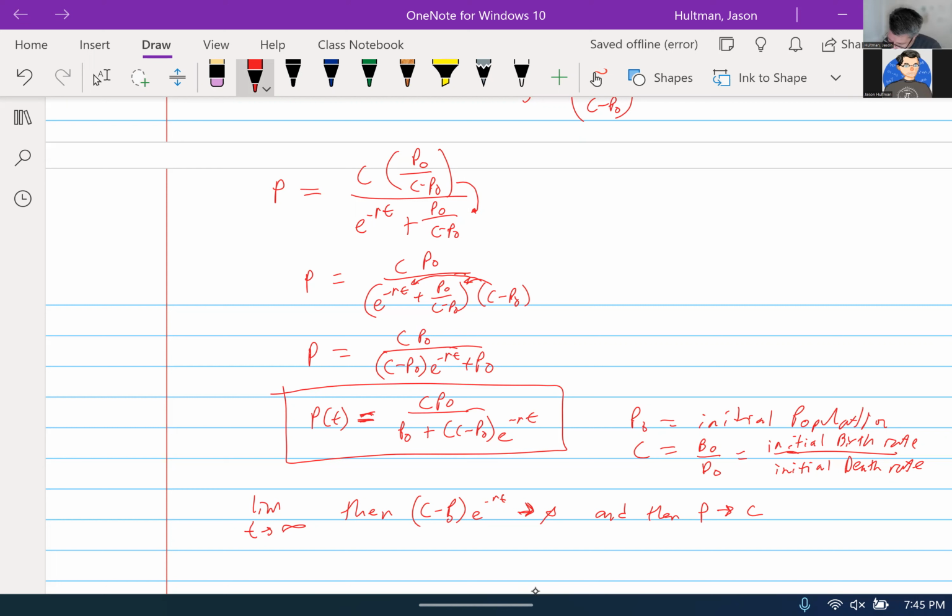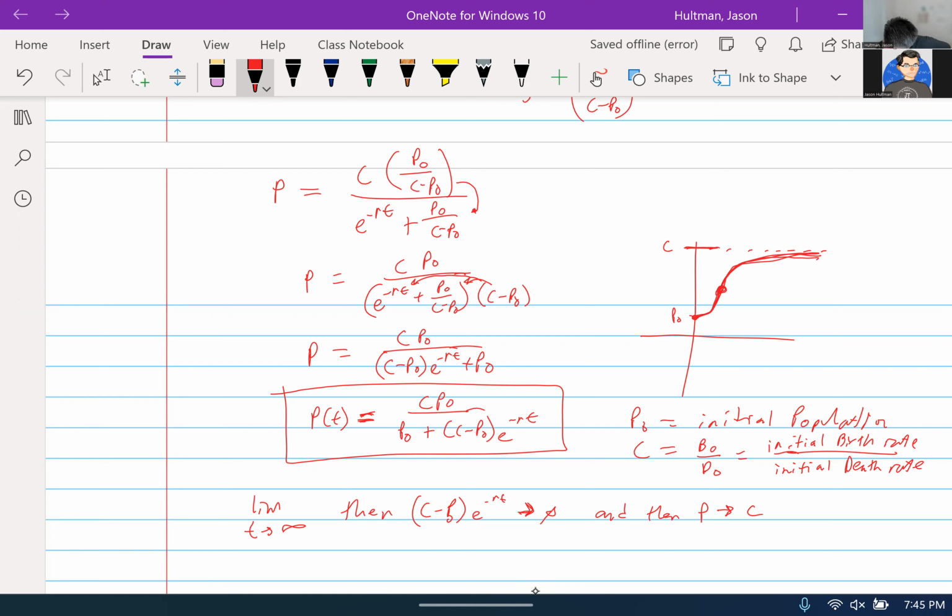Pretty cool model. Once again, we're going to start at an initial population value, P naught. We're going to get a birth rate and a death rate, and then this is our C, which is our carrying capacity. And they all kind of have the same behavior. Different values are going to create different families of graphs, families of curves. They're all going to have the initial value.